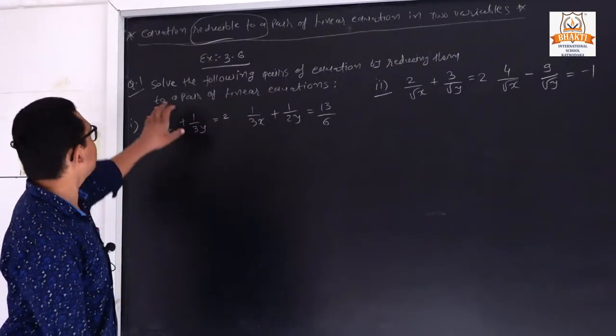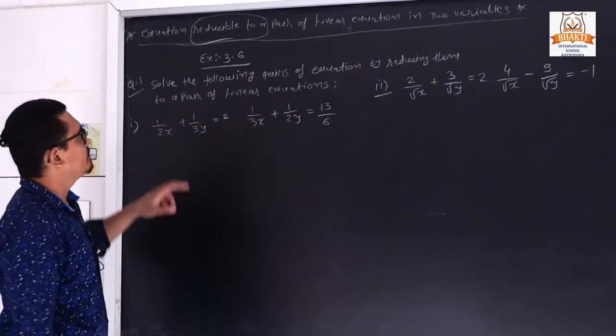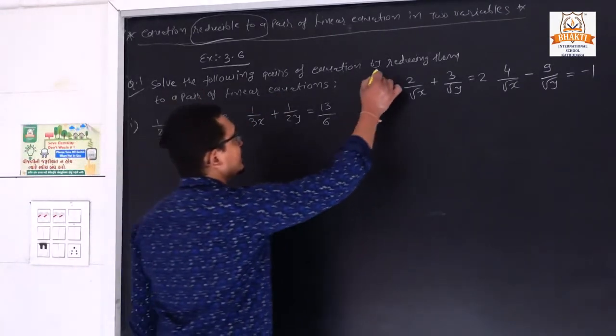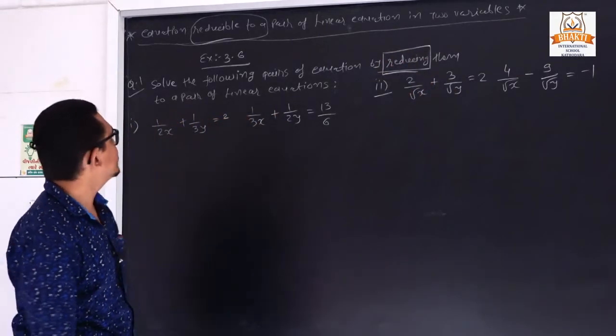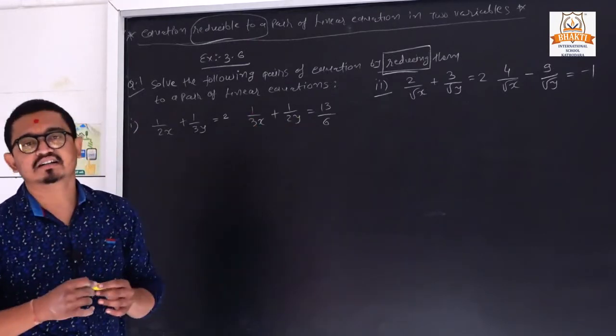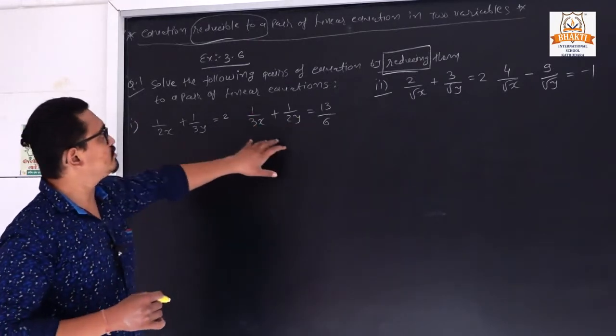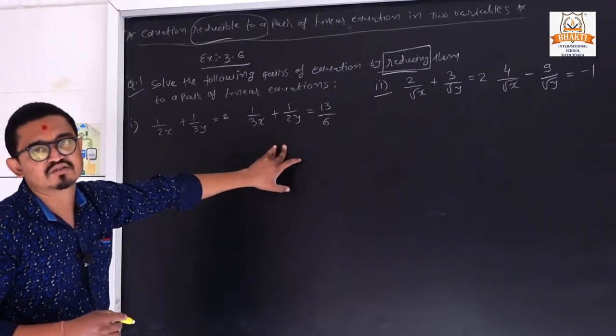In question number 1, what are they asking? Solve the following pair of equations by reducing. Here, which word are they using? Reducing. Reducing them to a pair of linear equations means we can convert that equation into a reduced equation and then find its solution.